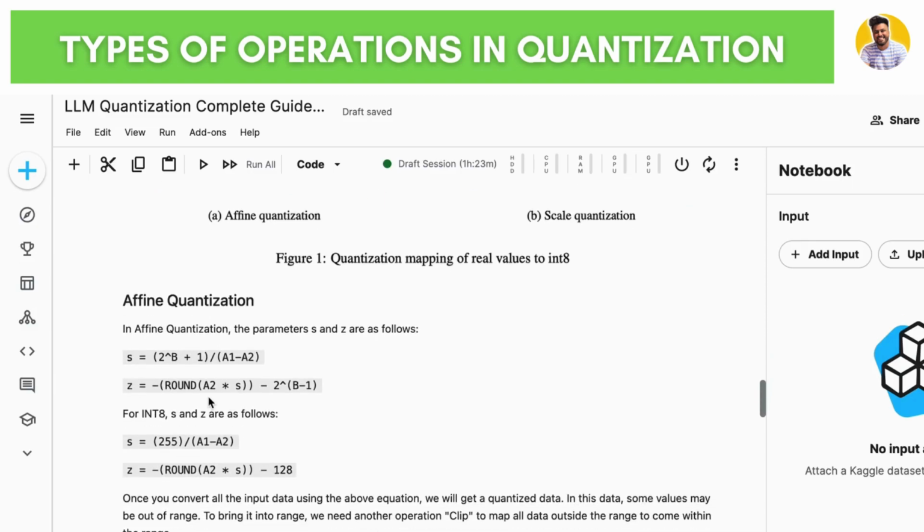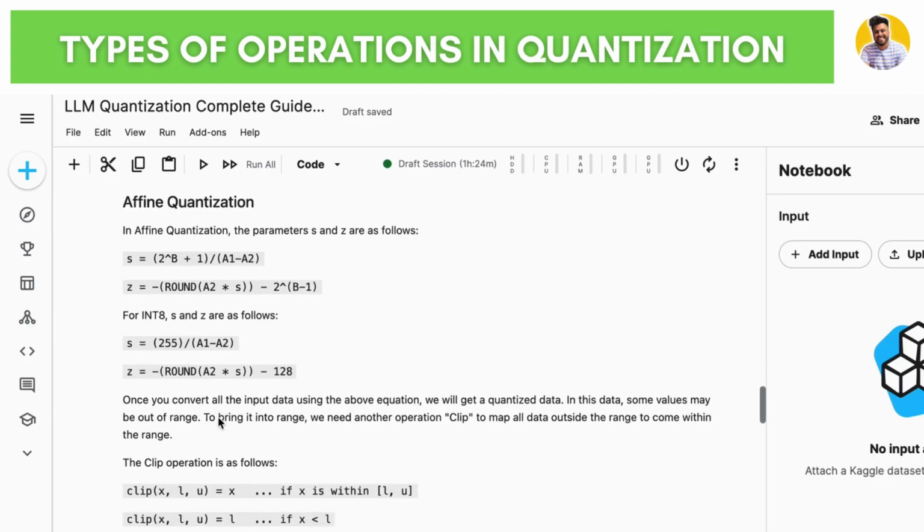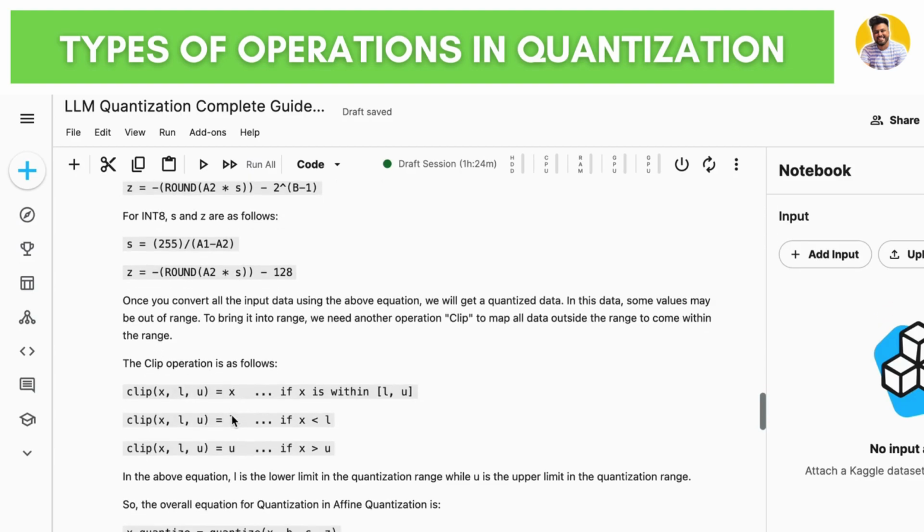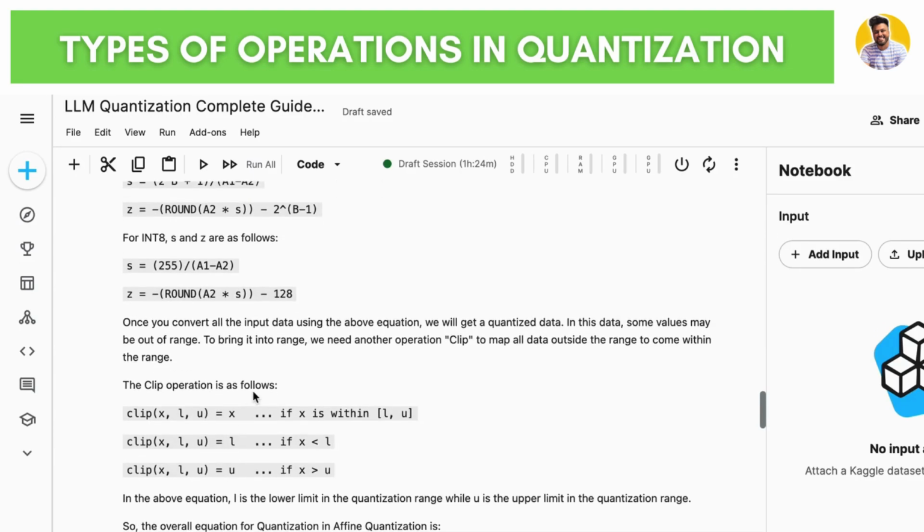Okay, so you need to calculate the S and the Z value, and when you calculate the S and the Z value, you can easily put these values together and clip all the information into a particular range of -127 to 128, or any other int quantization that you are using.